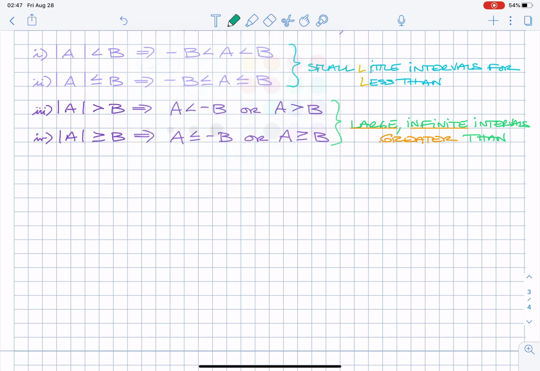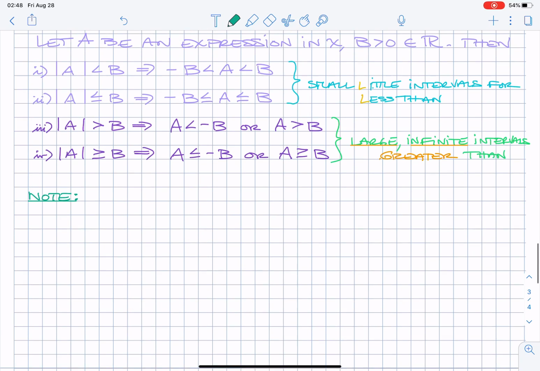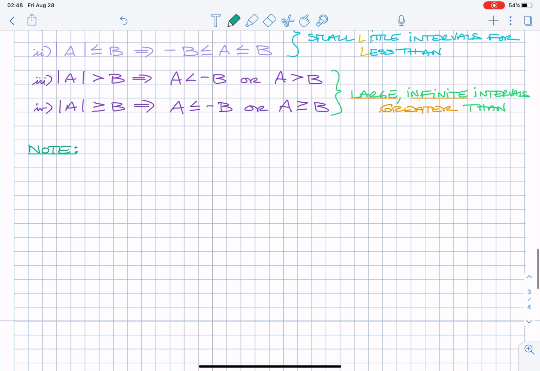So let's note something. You'll notice I changed the notation. We have the inequality notation and the interval notation. I'm going to deal right now with the inequality notation.